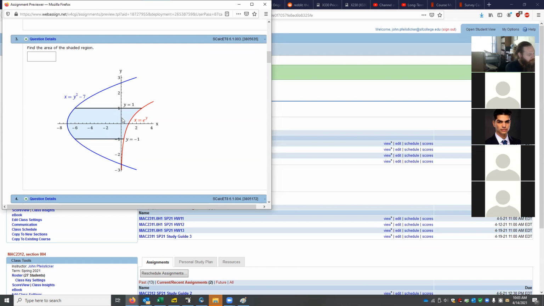Fun question while I'm drawing. Does anybody know the other name for the red curve? X equals e to the y. That has another name. ln of x. Very good. X equals e to the y is the same as saying y equals ln of x.